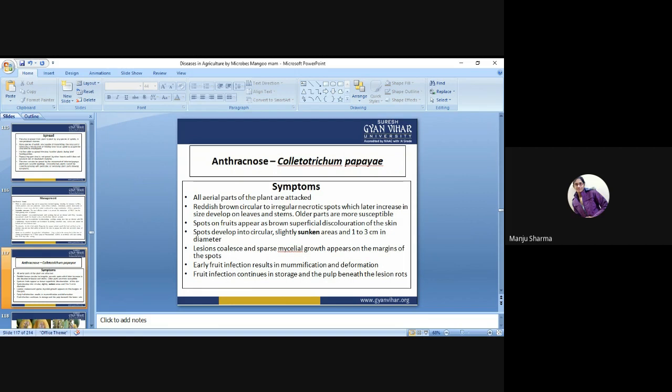Then the lesions become dark and spores with mycelial growth appear on the margins of the spots. Then early fruit infection results in mummification and deformation.